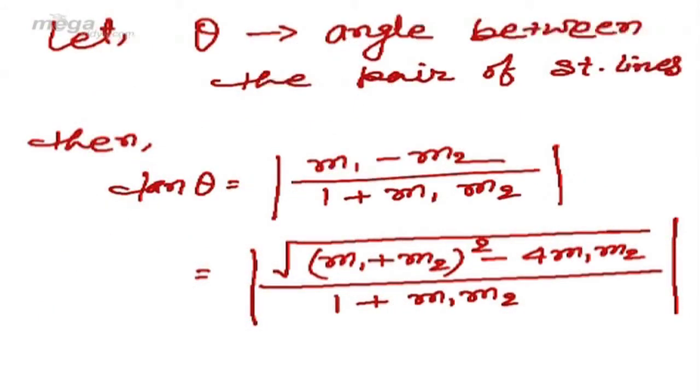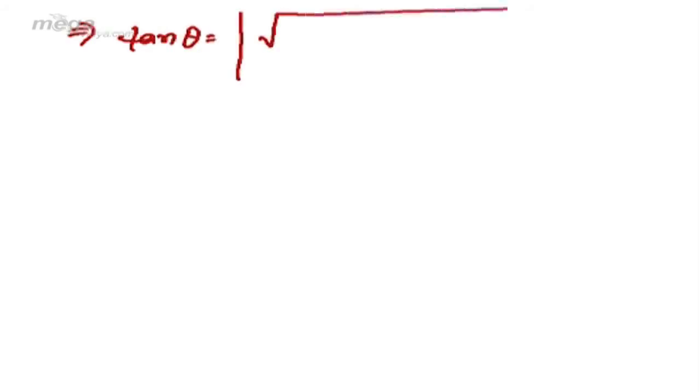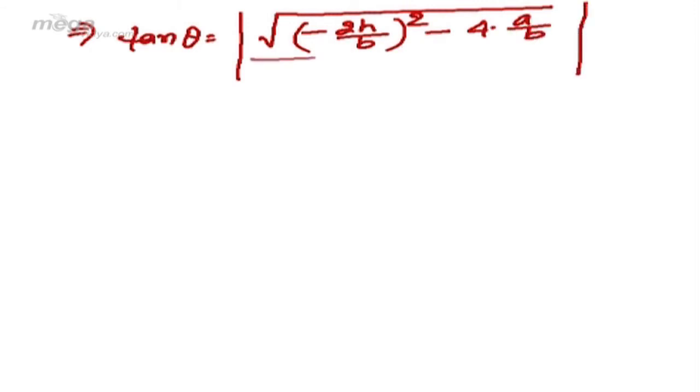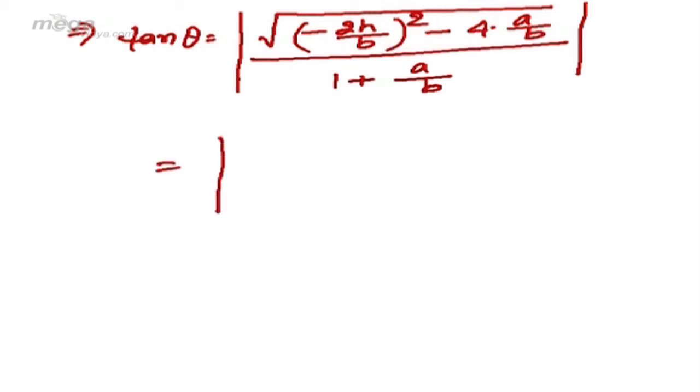So now here we'll substitute m1 plus m2, which is minus 2h upon b whole square, minus 4 m1 m2, so it is a upon b, divided by 1 plus m1 m2, so 1 plus a upon b. So students, now we will simplify.